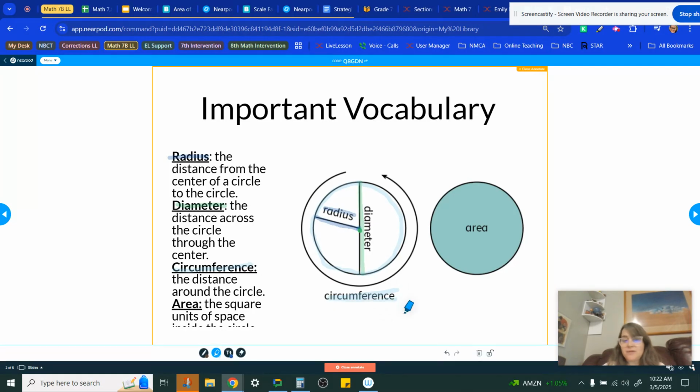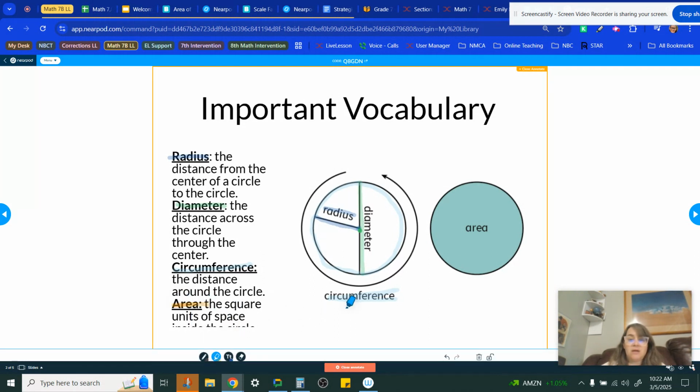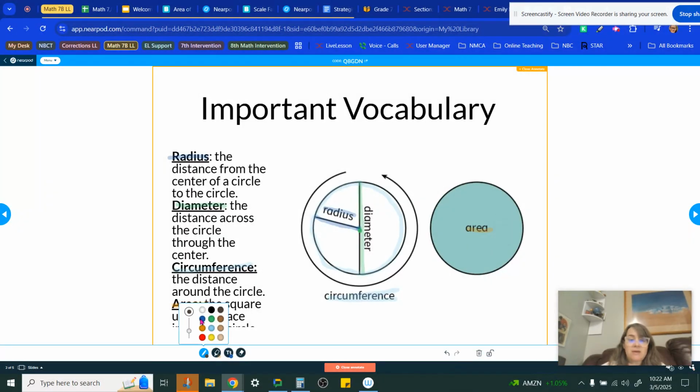That's the circumference. And then the area is the number of square units that completely fill the inside of the shape. So the area is what's on the inside. And this kind of got cut off, so let me just write it. Inside the circle.